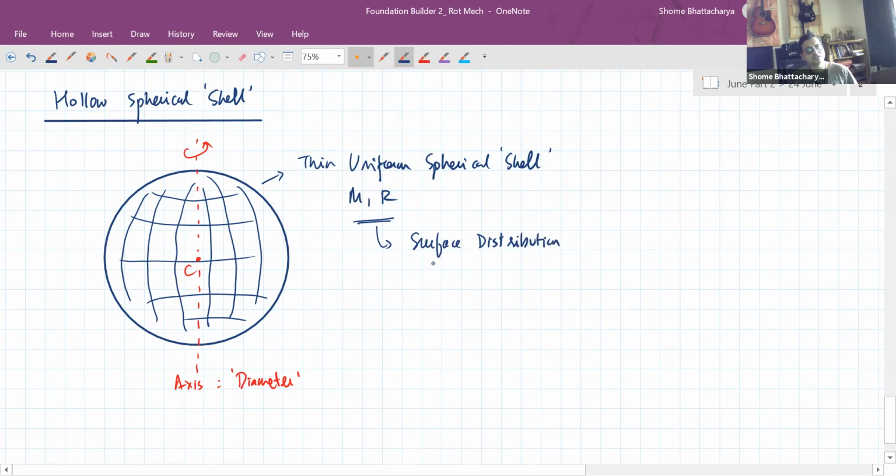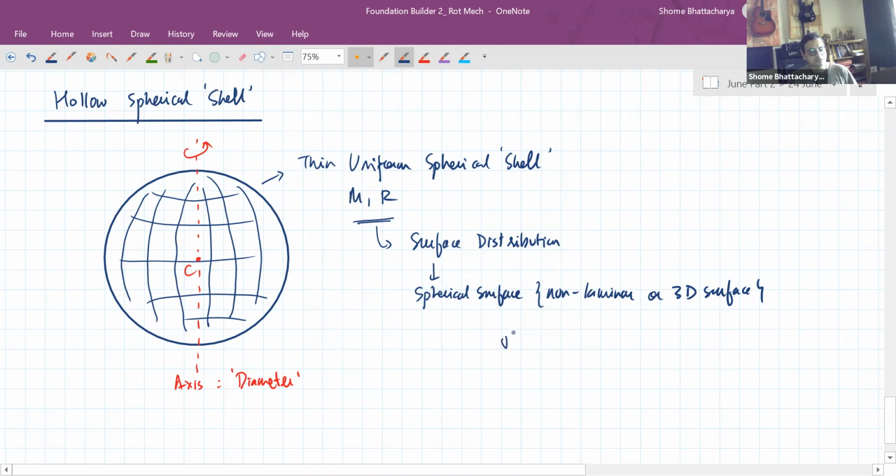Okay. But the difference is this time that surface is a spherical surface. So it's an example of what we call a non-laminar surface or 3D surface. Whereas something like a disc or a rectangular plate is an example of a two-dimensional surface. It's what we call a laminar surface.